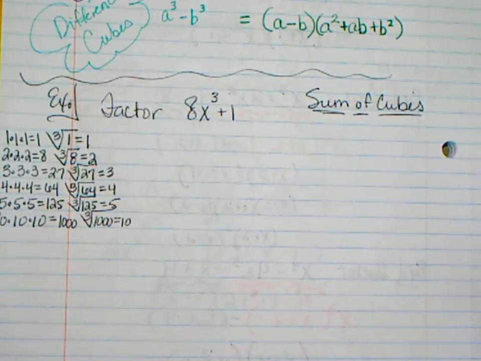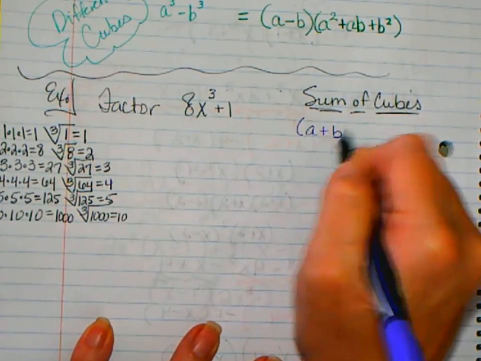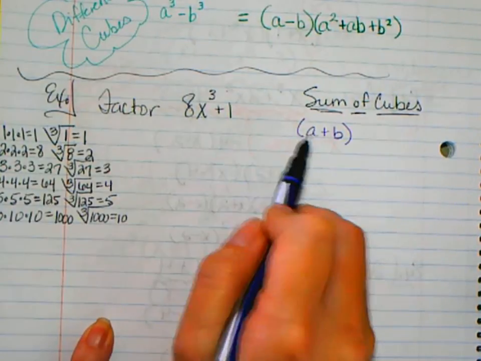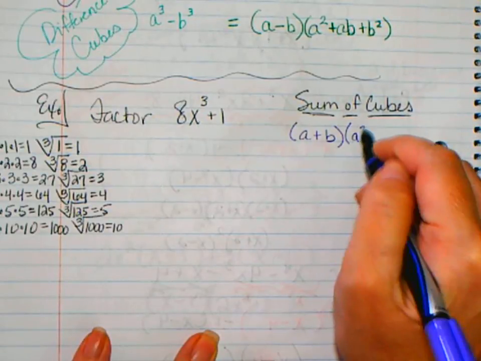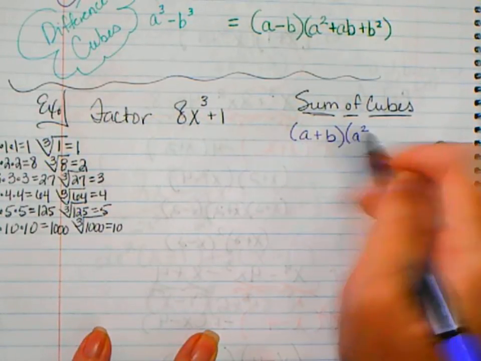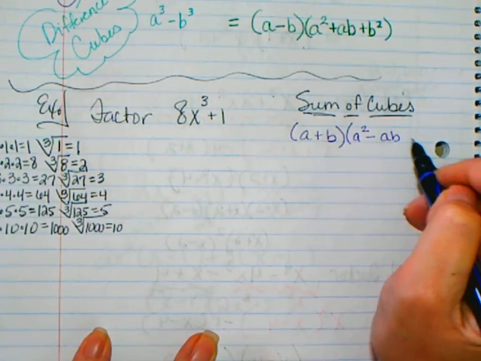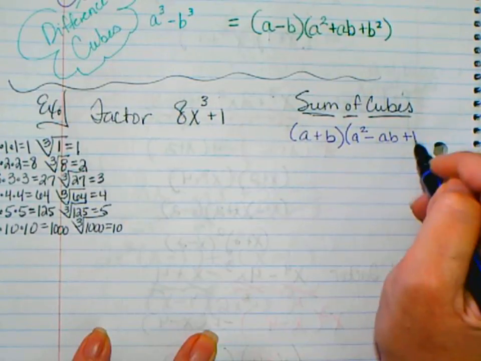I write the pattern with it, and that helps me memorize it. So for a sum of cubes, you do a plus b. Use the same sign as in the problem. Sum, use the plus first. And then in your second set, a squared, do the opposite sign, so it'll be minus a times b. And then in both sum and difference of cubes, it's always plus b squared.